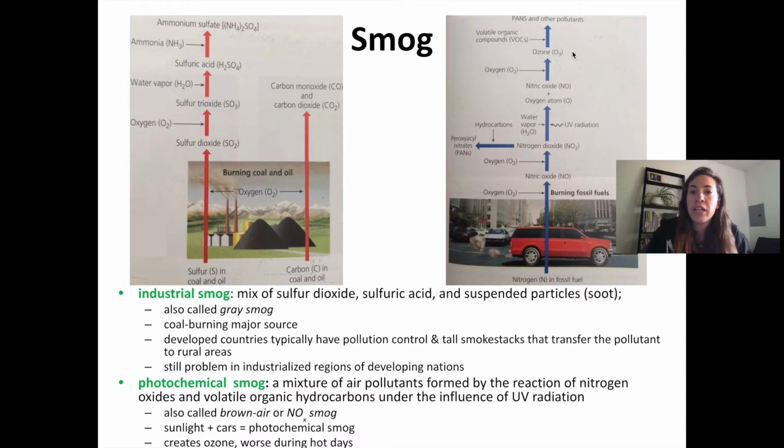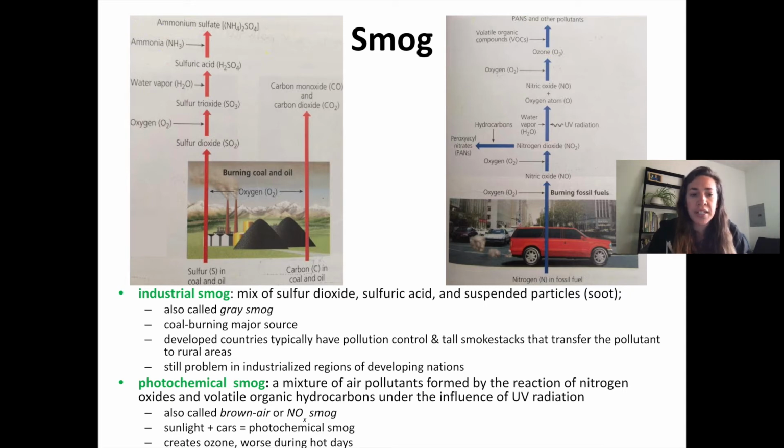And then ozone can react with other volatile organic compounds in the atmosphere to create things like PANs or other pollutants. PANs are peroxyacyl nitrates, and they're associated with some respiratory issues as well. So this mixture of pollutants that are coming out of the nitrogen burned in fossil fuels creates what we call photochemical smog.